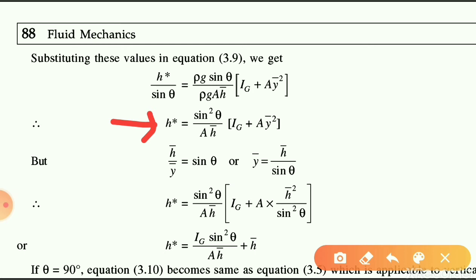But now in this equation we know that h̄ upon ȳ is equal to sinθ. So ȳ is equal to h̄ upon sinθ. Hence instead of this ȳ we will replace it with h̄ upon sinθ. If we replace this, we get h̄² divided by sin²θ in the above equation. If we simplify this, we will get the following.